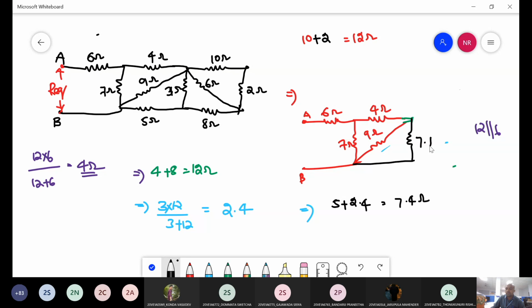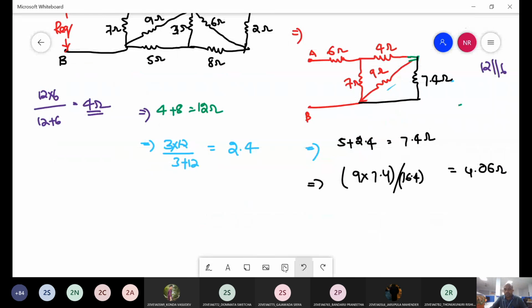Here it is 7.4. The next level is 7.4 and 9 parallel. So 9 into 7.4 divided by 9 plus 7.4. How much? 16.4. Calculate. 4.06.